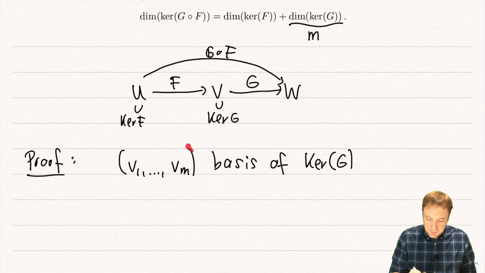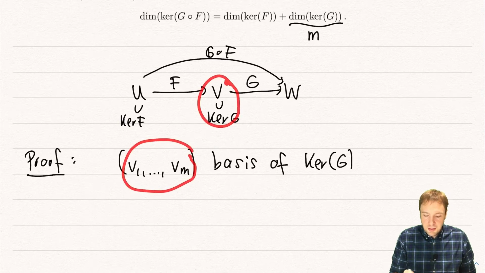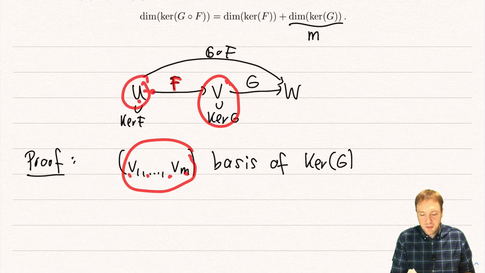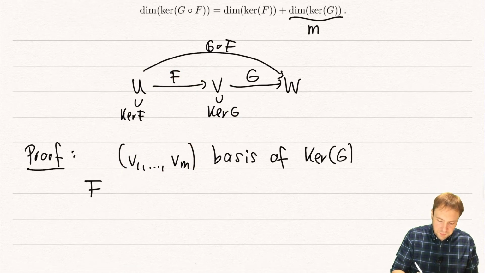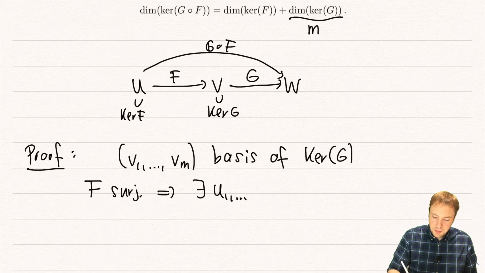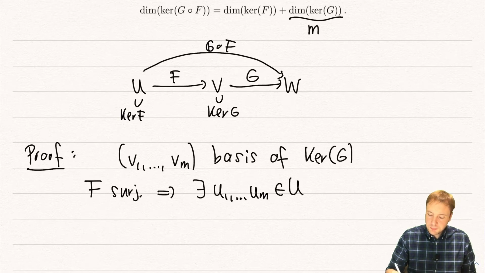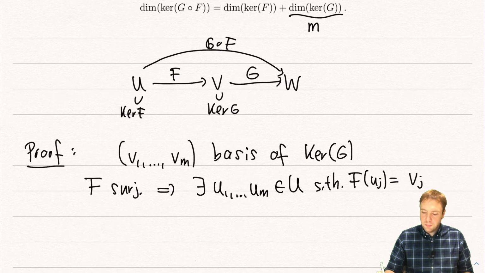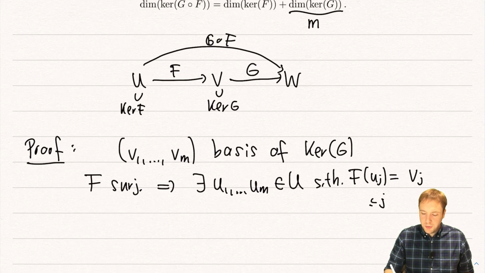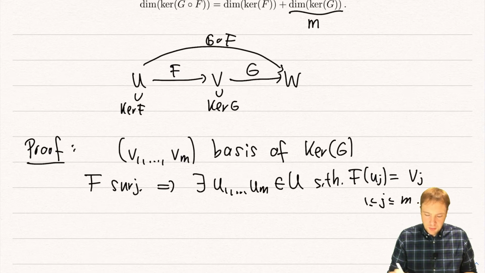These elements v live here, and because f is surjective, for each of these elements we can find elements in U such that f of these u's gives these v's. So f is surjective, and therefore we can find elements u1 up to um in U such that f of uj equals vj for j going from 1 to m. So the u's are elements here.